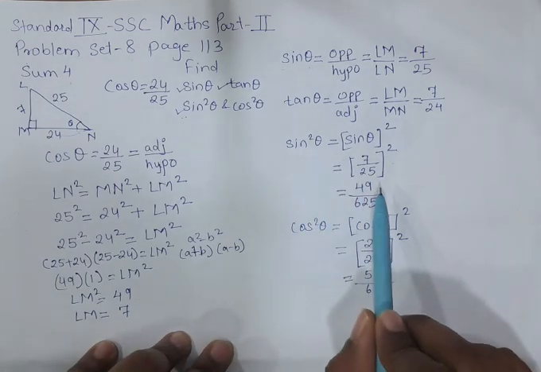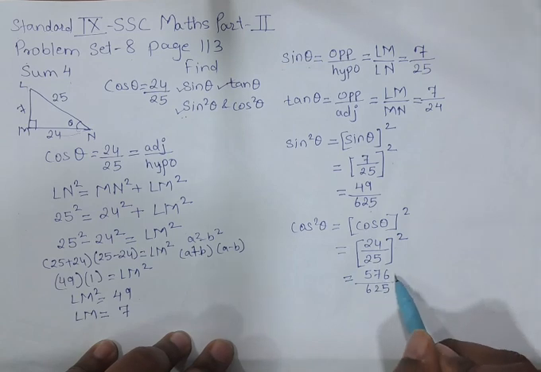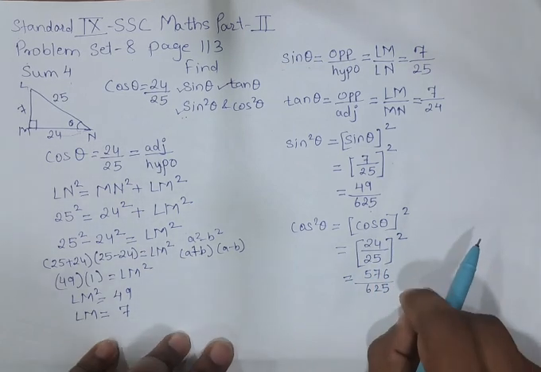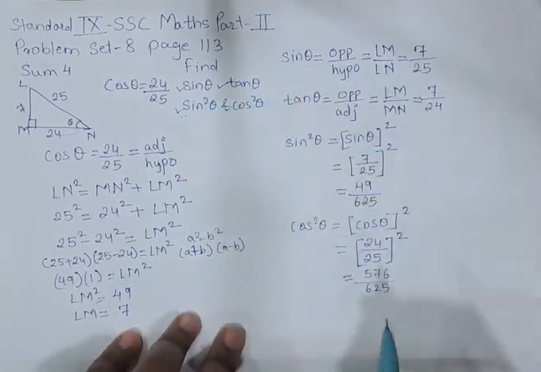So sine square theta is 49 upon 625, whereas cos square theta is 576 upon 625. We have found all four values that we were supposed to find.